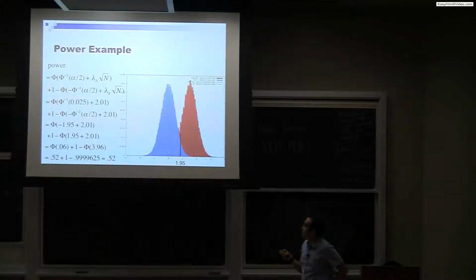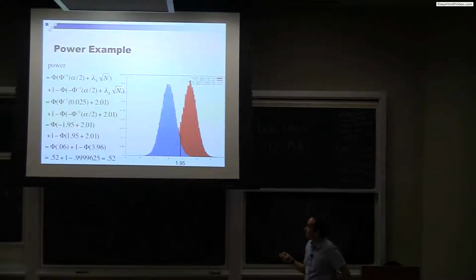Okay, so what does that look like? If I plug this in, the threshold is 1.95, so this is going to be negative 1.95 plus 2.01, and then 1 minus this term. So what is this term here?